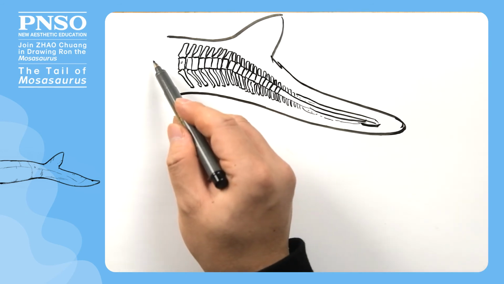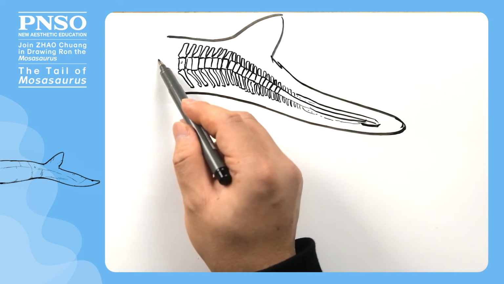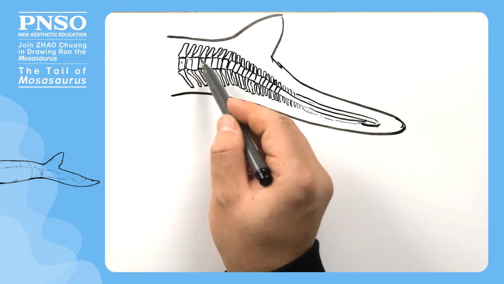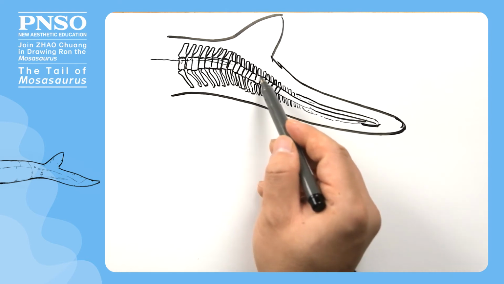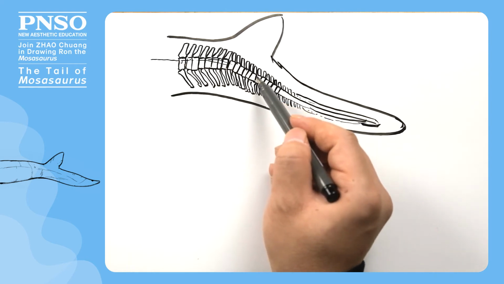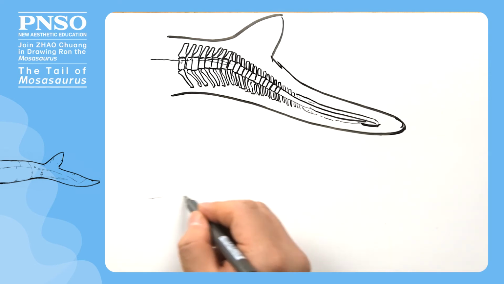First, we need to pay attention to its tail muscles. The distribution of the muscles followed some certain rules. We know the transverse processes were at this position, so the boundary between its upper muscles and lower muscles was also here. We start to draw from this boundary line.